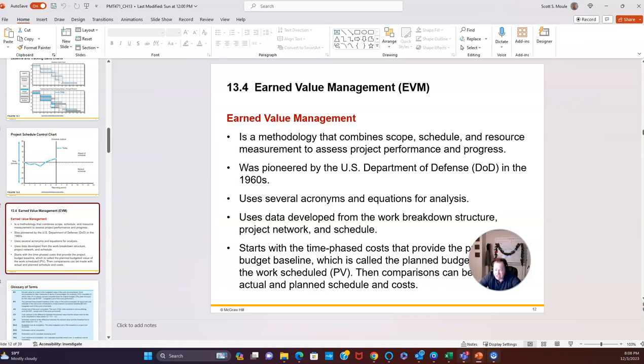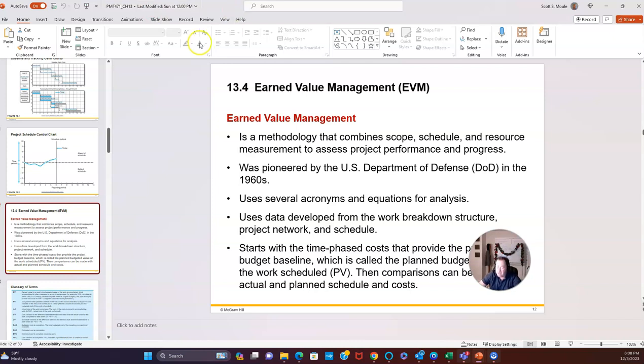So they have a series of formulas. And team, I apologize, this is where we go into a lot of formulas and a lot of equations that are used to track a schedule. I'll provide you a couple cheat sheets on how to be able to calculate these, but just be aware most project management software packages crack these formulas for you if you have all the information in the project.